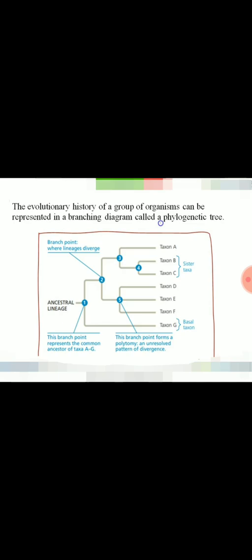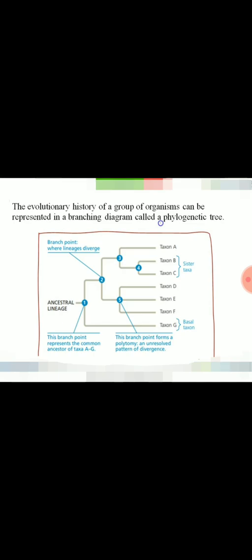Yes. Point 2. Point 2 is what? It is a branch point where the lineage diverged. Whatever lines you can see over here, we can call them the branches of our tree. Point 1 is the root of the tree and all others are the branches. And what is taxa over here?